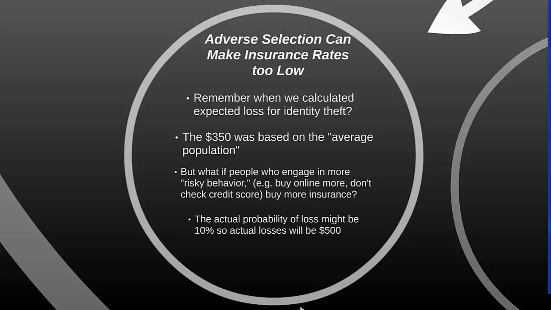The actual probability of loss might be 10% higher than the frequency of loss we based on the average population. So actual losses will be $500 and not $350. The rate will be based on a number that is too low if we don't factor in adverse selection.